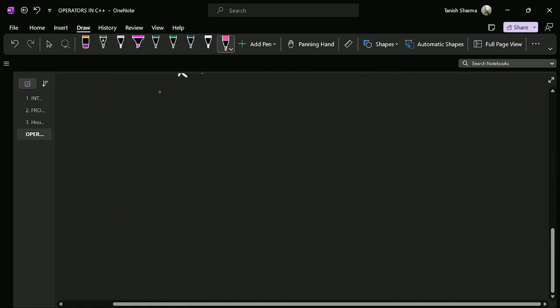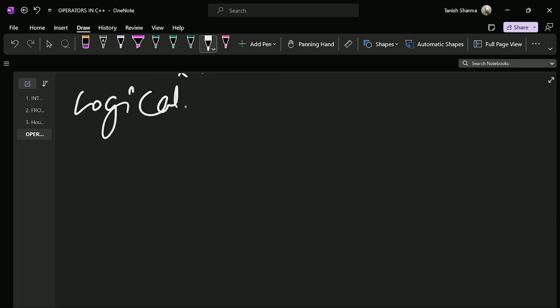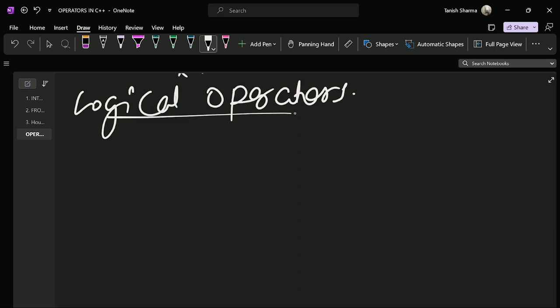So let's jump on to our very last operators as of now, that is our logical operators. So what are logical operators? See, logical operators are very much useful when you talk about conditional cases generally. Okay, because as of now you will be eventually using them in conditionals.